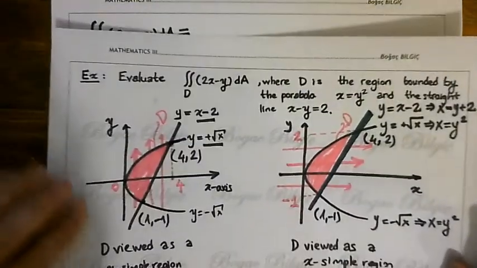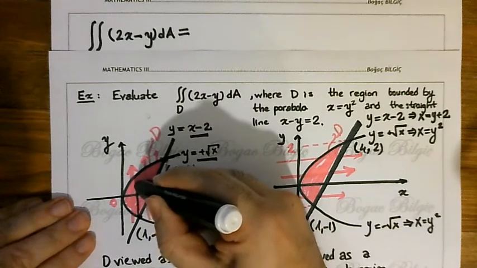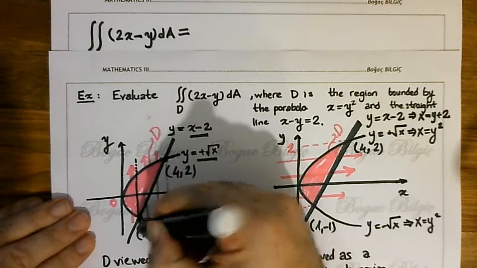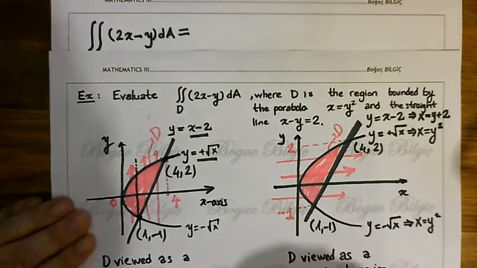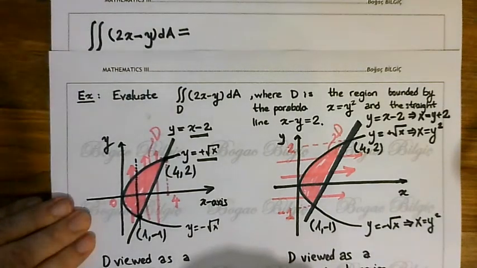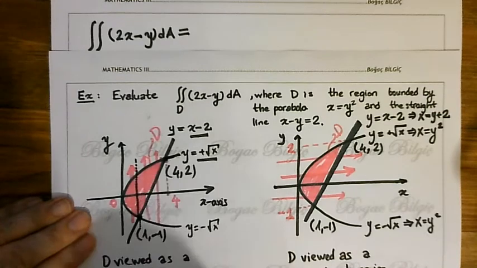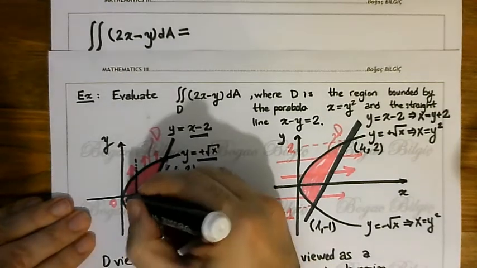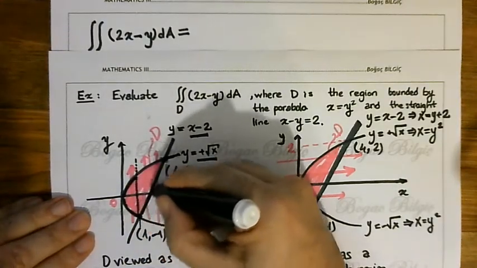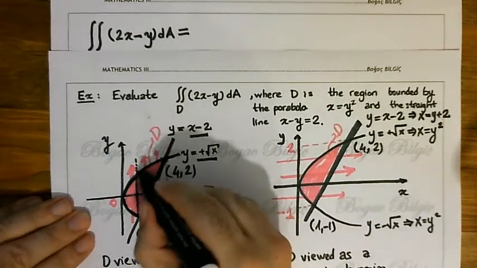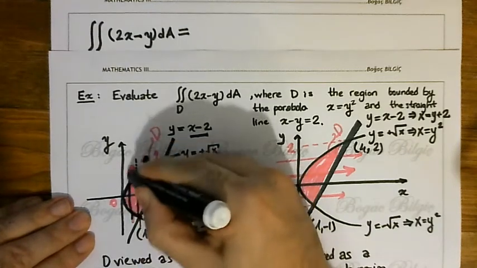First, please pay attention: if you want to compute this integral, we divide it into two areas, because this area has its own lower boundary and upper boundary, and this area has its own lower boundary and upper boundary, as a y simple region.